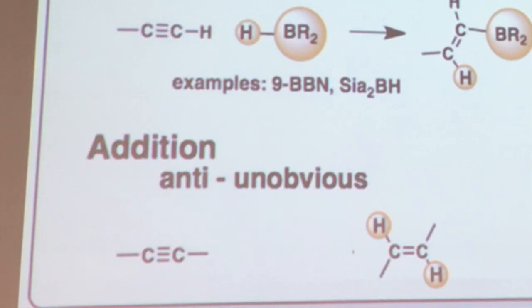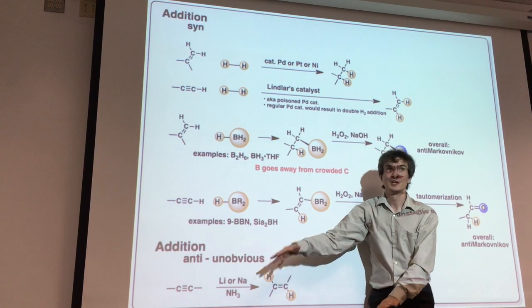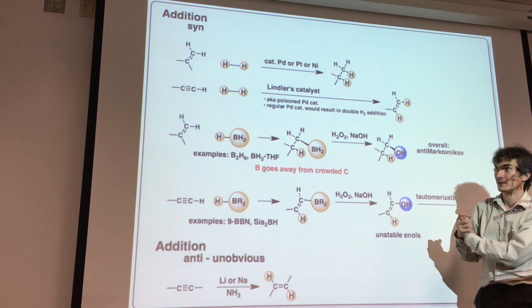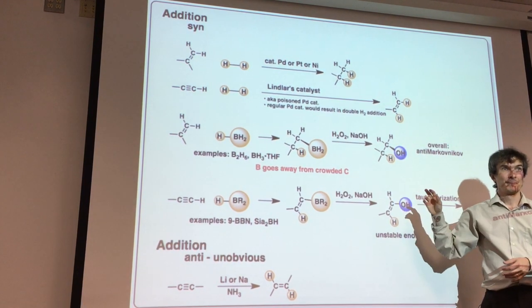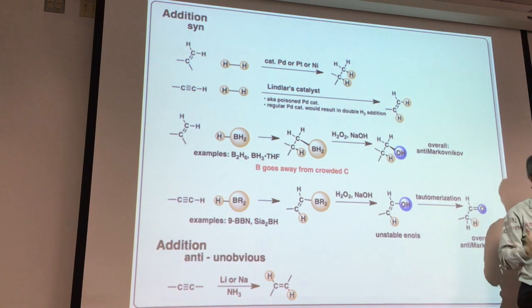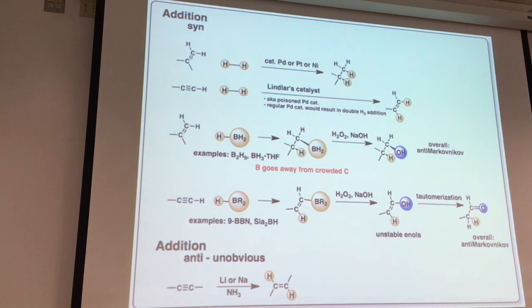Yes, it's lithium or sodium in liquid ammonia. So that's a hard one. If you remember this one, that makes a complete package. I encourage you to remember these reactions as one package, like a bundle, because they are related. Even though they're in different chapters of the book, they have very similar reactions in their heart. Okay? Well, that's a short slide.